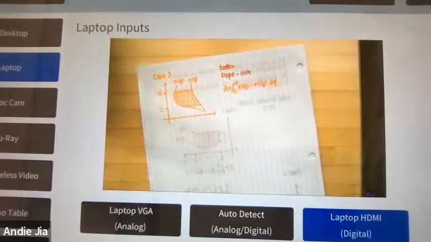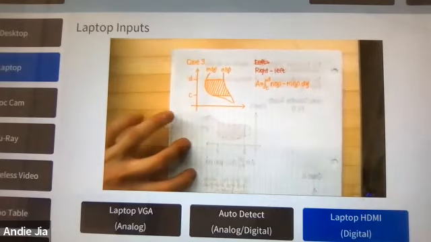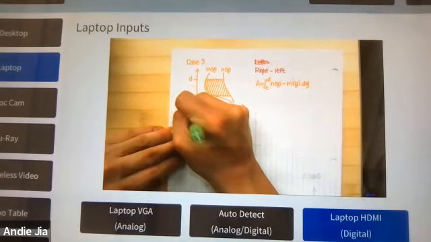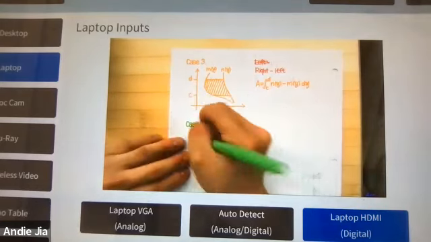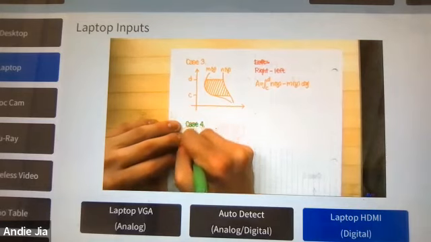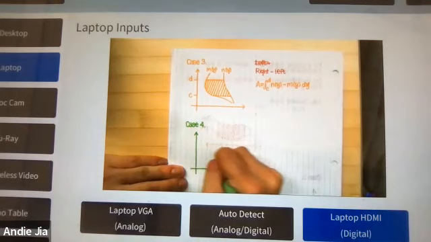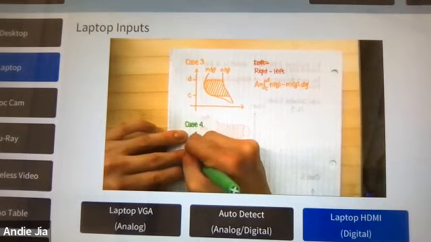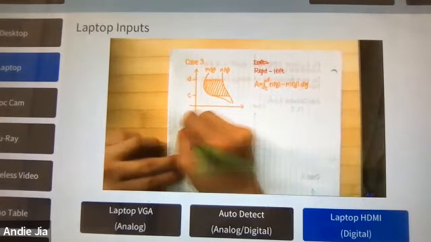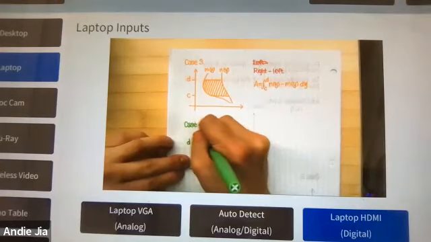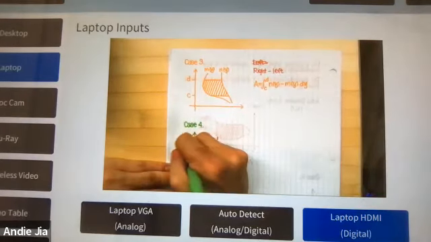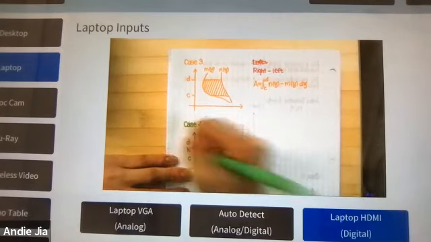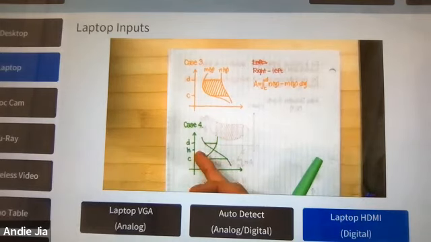Case 4 is more complicated, but this is rare. You still have these functions, and there's d and c here, perhaps a point h.